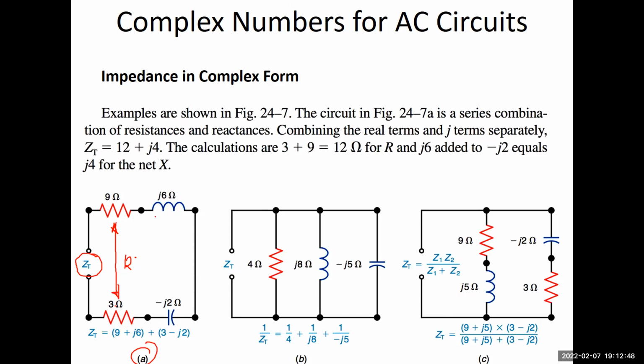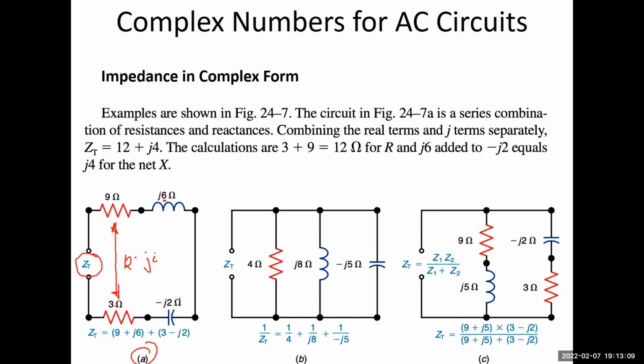Pero mapapansin naman natin that j6 is greater than j2. So therefore, pwede natin siyang sabihin na ito ay equal to j6 minus j2.